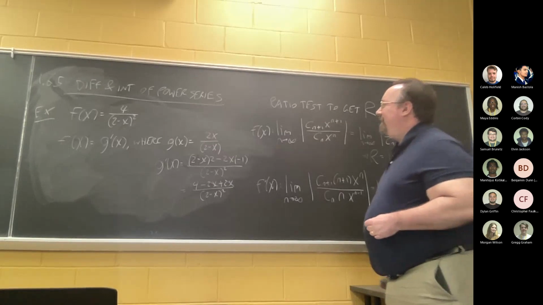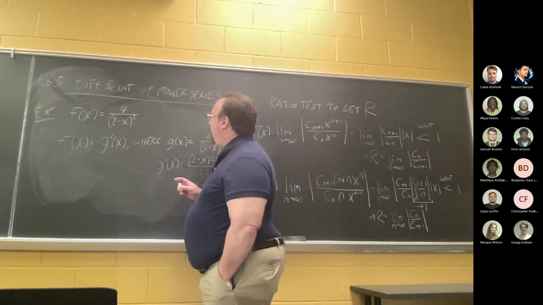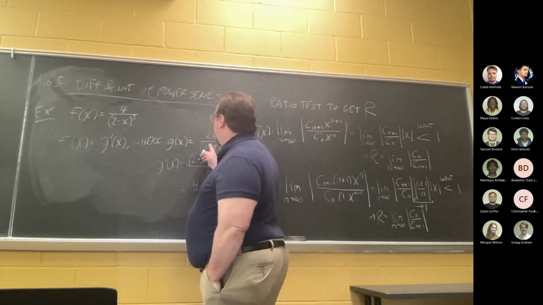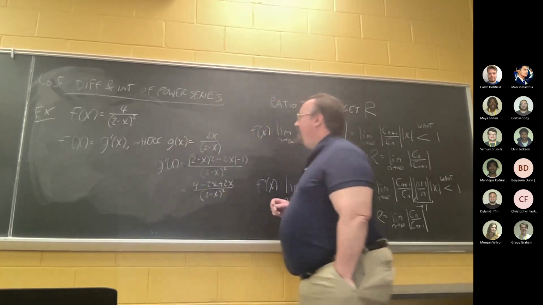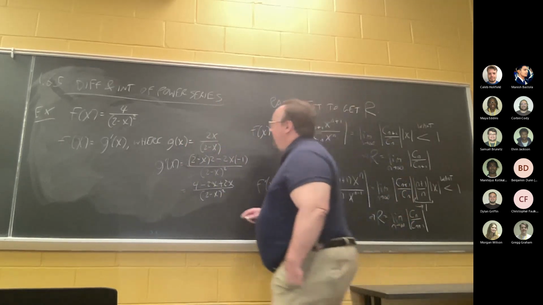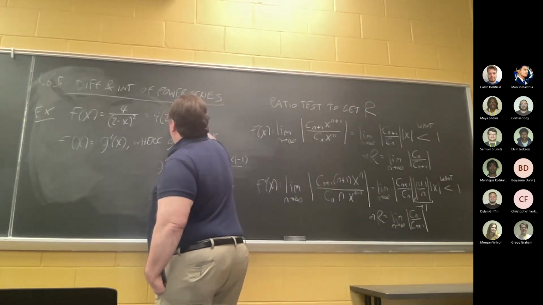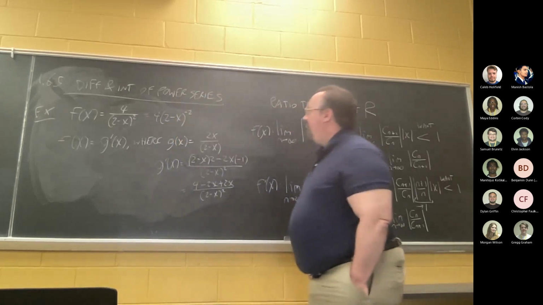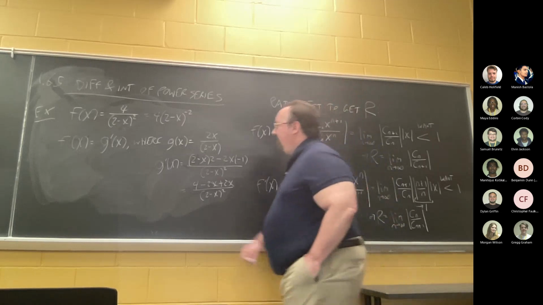What's throwing me off here is I believe it's possible to have a simpler function than this have a derivative of f. Because if I rewrite this as 4 times 2 minus x to the minus 2, I can certainly integrate those.